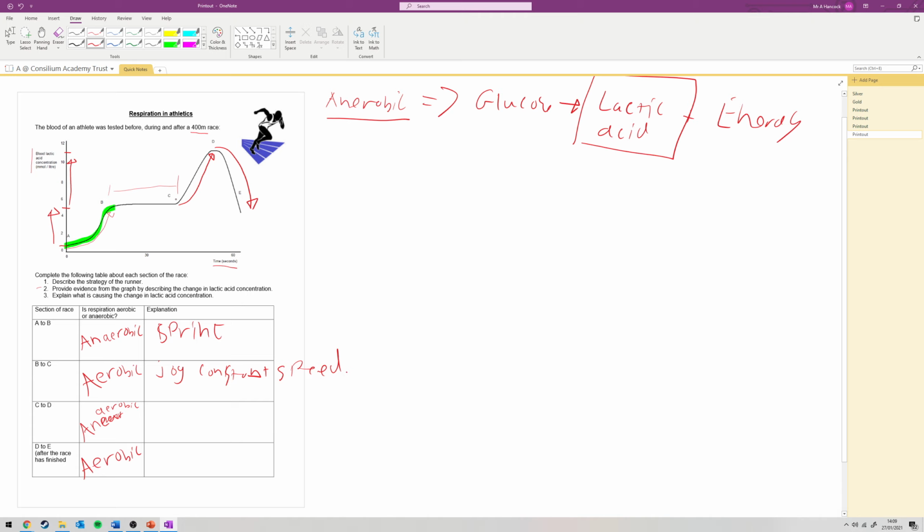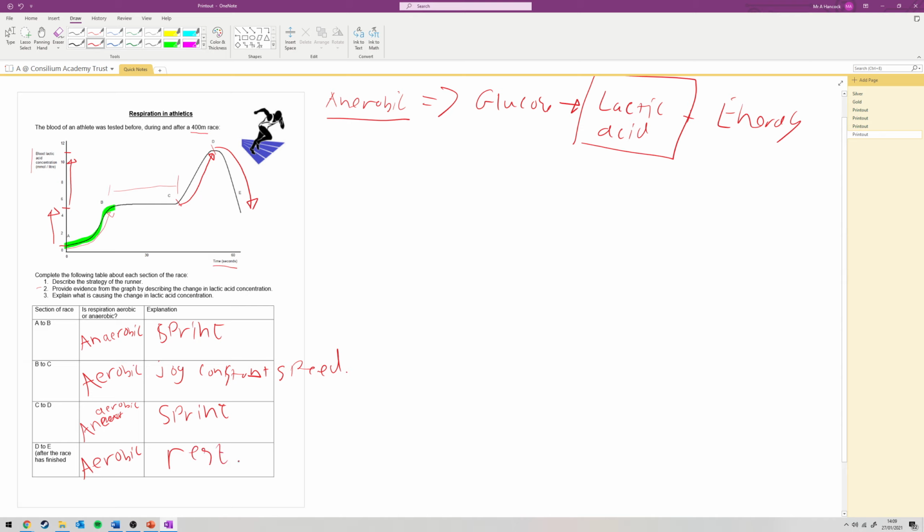Well, from C to D, they must be at the last 100 meters here. They must be at that final stretch. So they're at the final stretch, they need to sprint again. Okay, because they want to win the race, right? And then from D to E, they've got past the finish line. They're probably hunched over on the floor, breathing as deeply as they can, trying to repay that oxygen debt. So they are resting here.